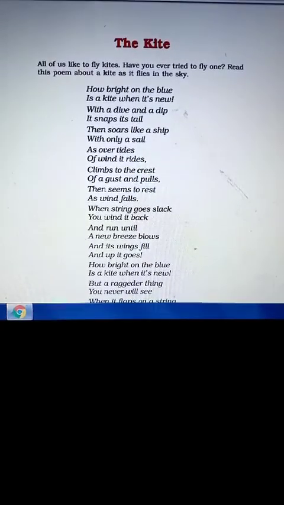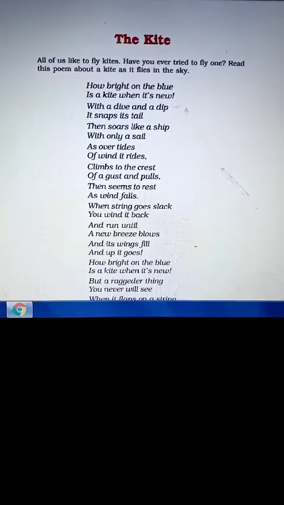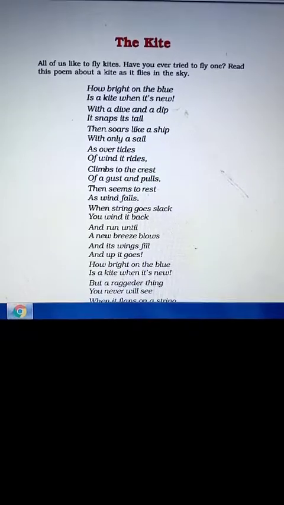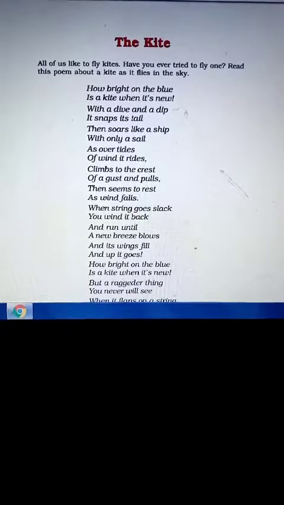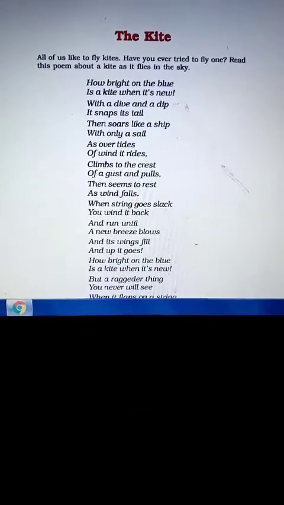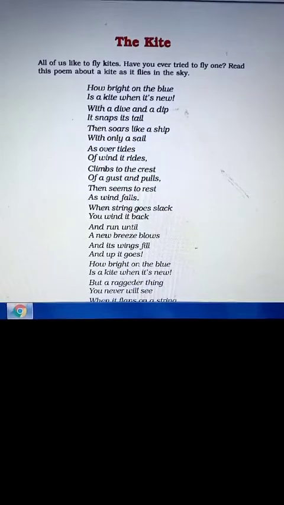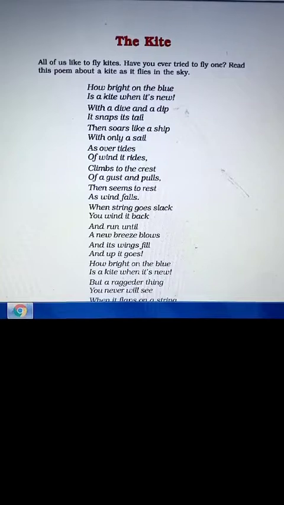Then soars like a ship with only a sail, as over tides of wind it rides, climbs to the crest of a gust and pulls, then seems to rest as wind falls. Such moves help it to float in the sky, just like waves rising and falling in the sea.